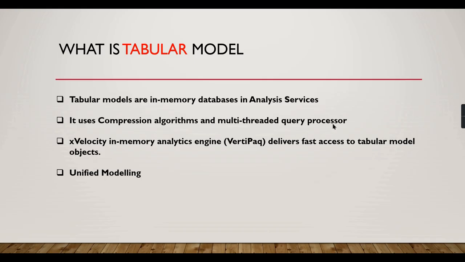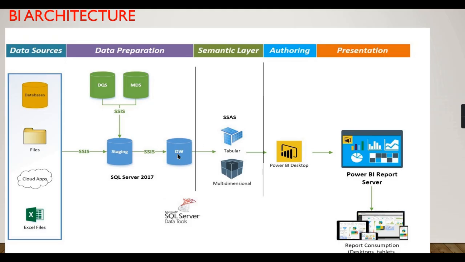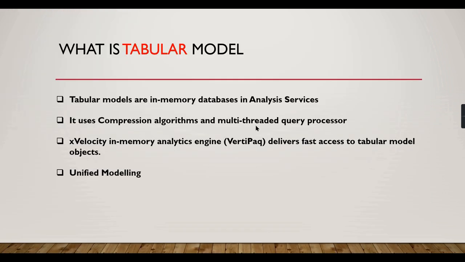And a multi-threaded query processor. So if you ask queries from here instead of directly from the database, it will be 10x faster, since all your data is compressed, and it uses a multi-threaded query processor and compression algorithms. So the xVelocity in-memory analytics engine delivers fast access to tabular model objects. So you can easily access the data.